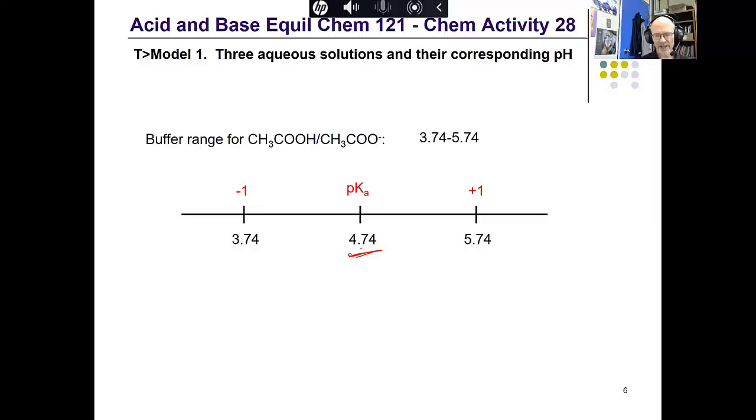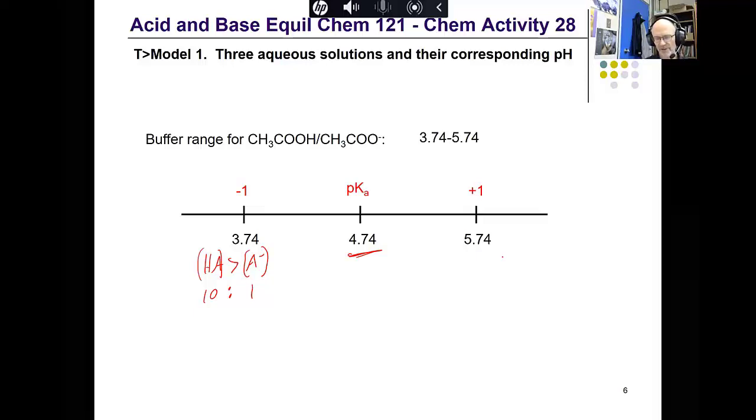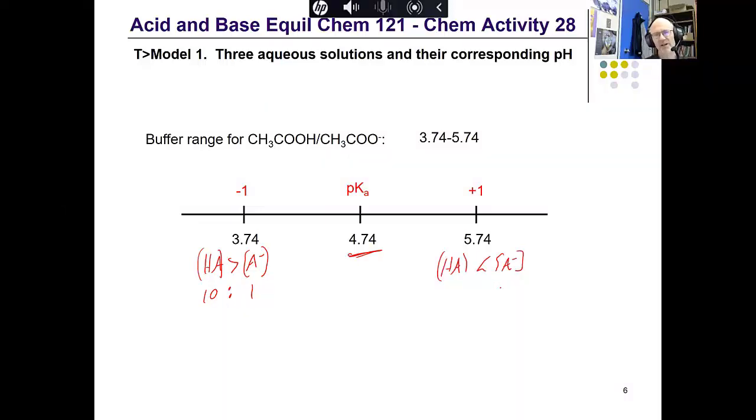If you have 10 times excess of HA, so if HA's concentration is greater than the A negative concentration, and we specifically chose 10 to 1, or alternatively, on the other side, the conjugate base's concentration is 10 times larger than the conjugate acid's concentration, then we see a pH of 5.74.